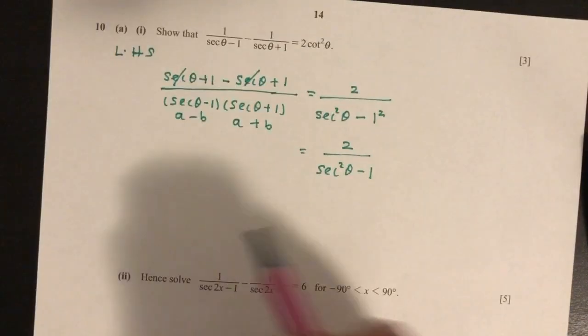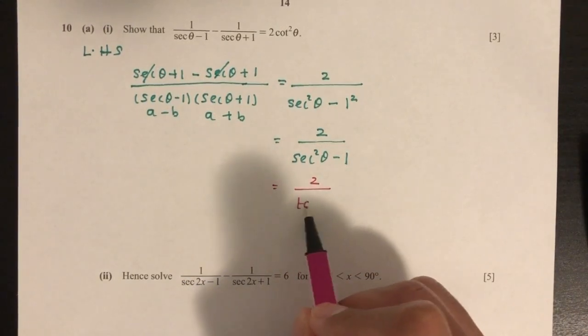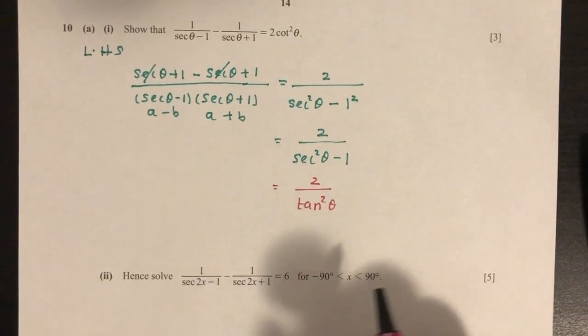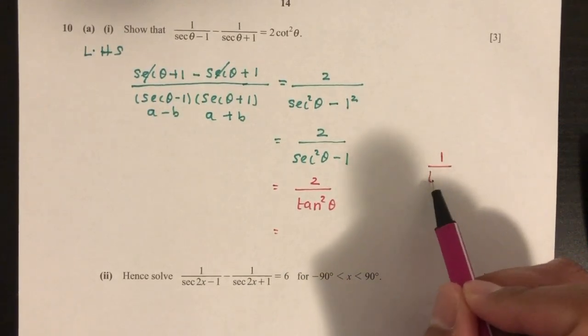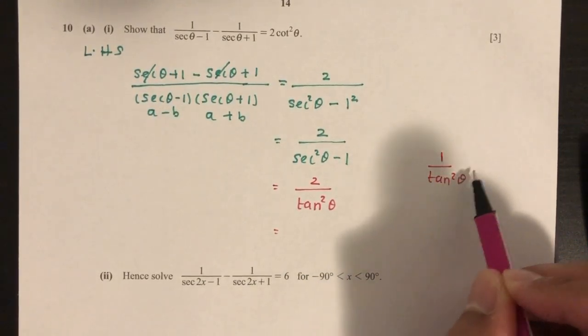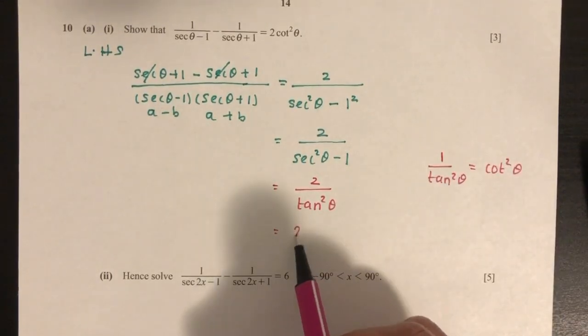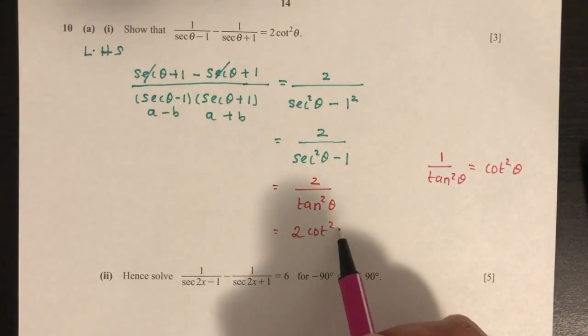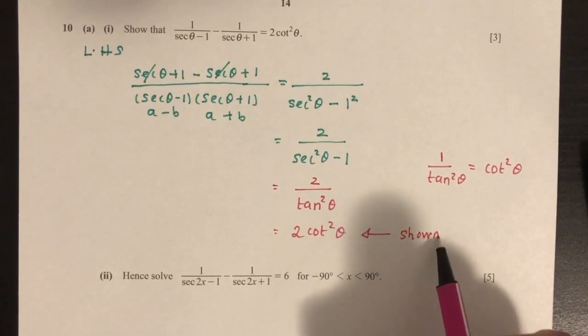So this is the same as 2 over tan squared theta. Now you should know that 1 over tan squared theta is equal to cot squared theta. So this becomes 2 cot squared theta. This is shown as required.